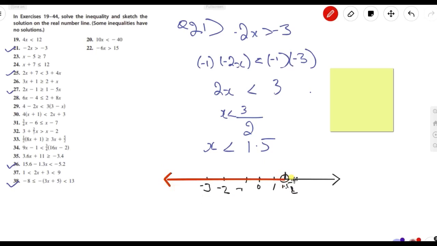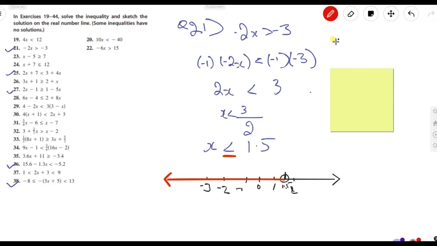If you have an option like this, then 1.5 is definitely going to be included, so you put a solid circle on it on the number line. It means this number is also included, and it also satisfies the inequality. That's what it means.